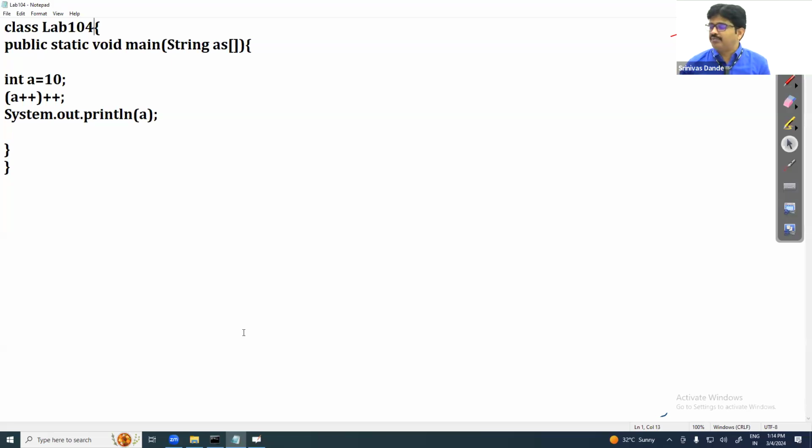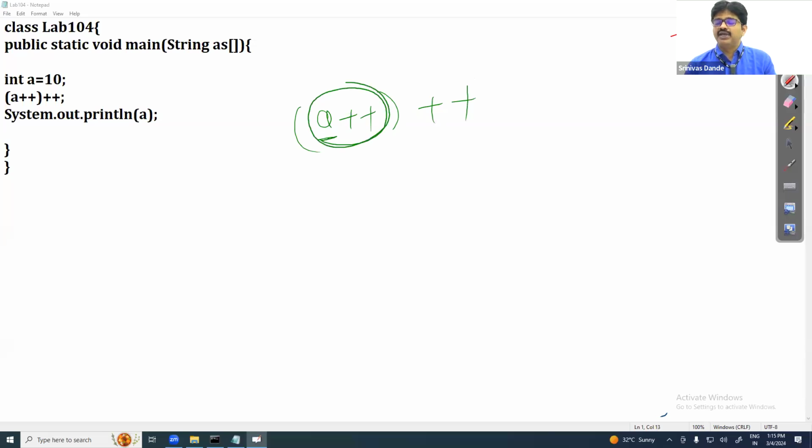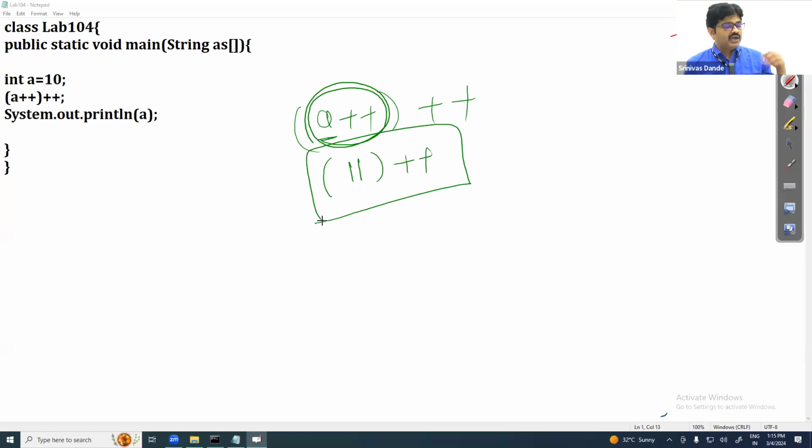So here see what is happening, guys. You are doing a++ ++. This is a variable a whose value is 10, right? So here this expression will be replaced with a++, meaning 11. You are writing 11++. Can I do 11++? That is how the error comes, right?